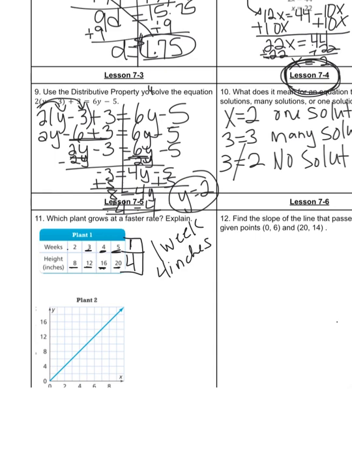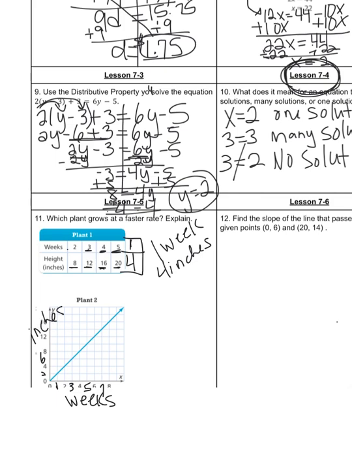Plant number 2, the graph is kind of cut off here, but first off, we got to look at our scale. They're going up by 1 on the X, and they're going up by 2 on the Y. So if I go, and these are the weeks, and on the side here is the inches.